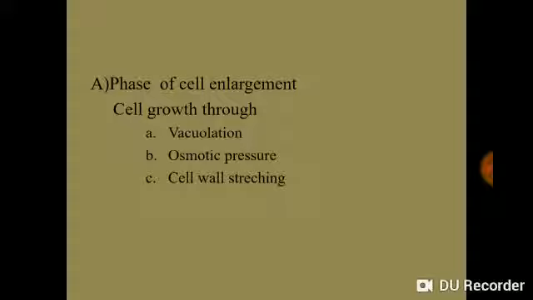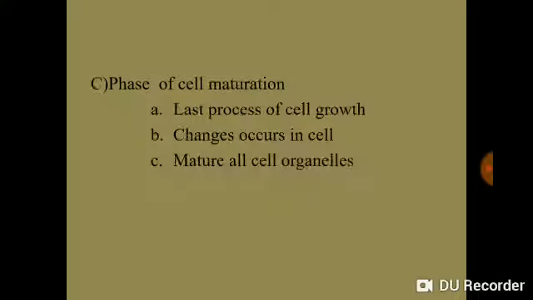The cell enlargement due to vacuolation is governed by osmosis. Second is osmotic pressure. Water uptake and cell enlargement are associated with increased or decreased osmotic pressure. Higher osmotic pressure is responsible for the increase in turgor pressure.